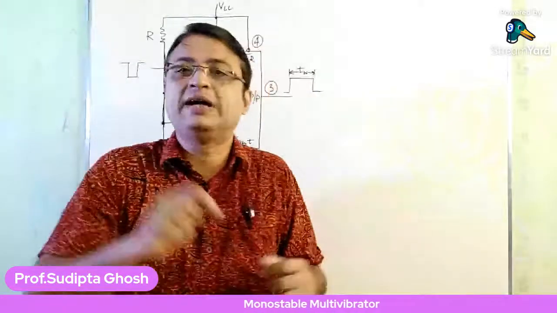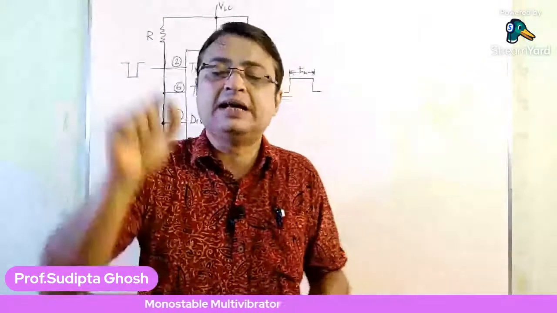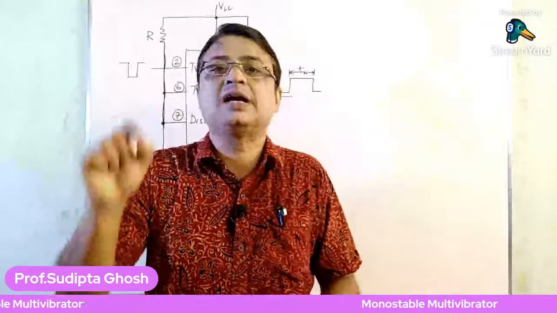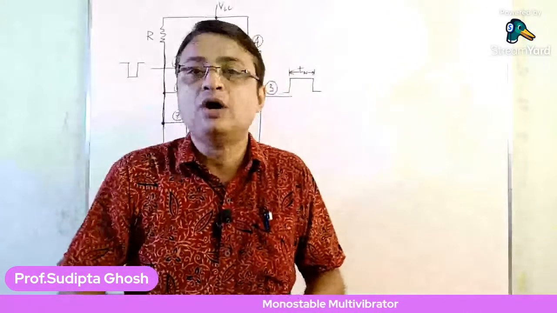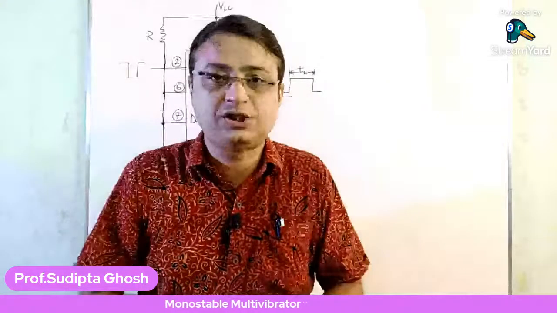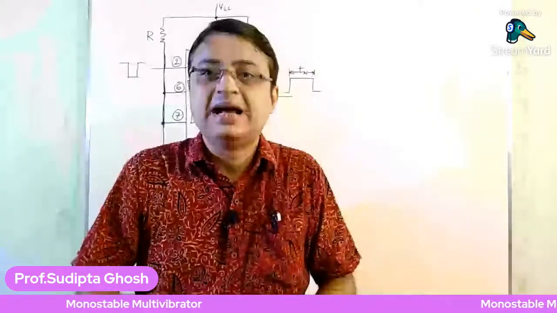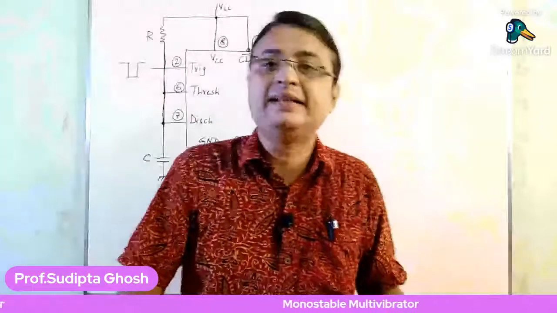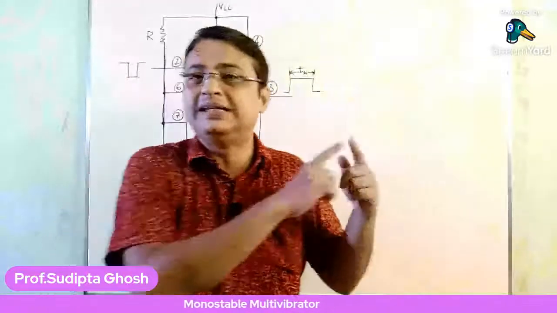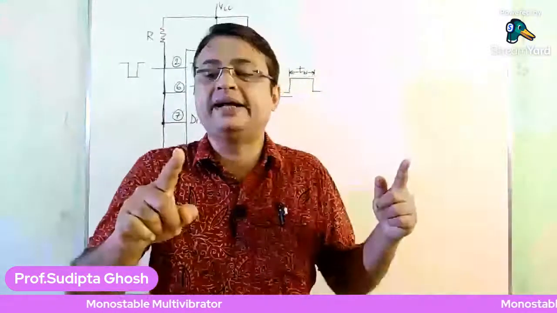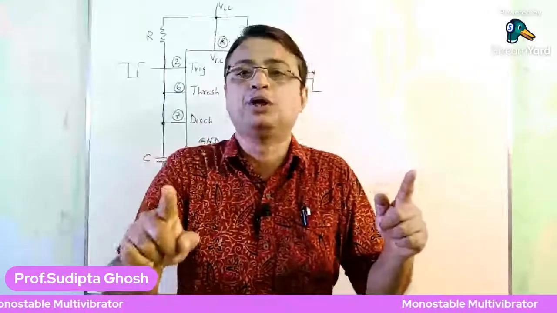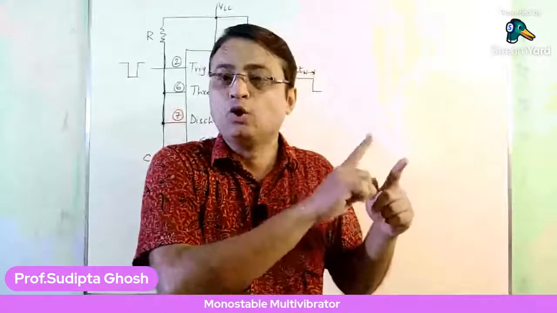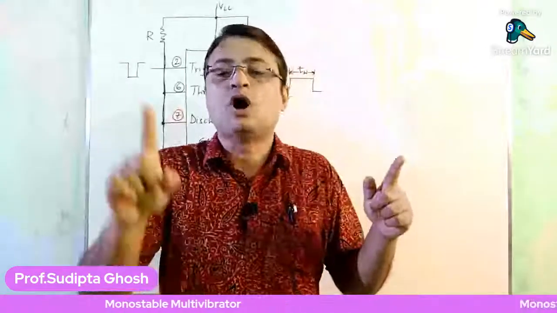we have already discussed in our previous lecture that when Q bar equals high, then the transistor Q1 will be in saturation. And as the transistor is in its saturation state, the pin number 7 or the discharge pin, which is connected to the collector of this Q1 transistor, goes to the value of ground.